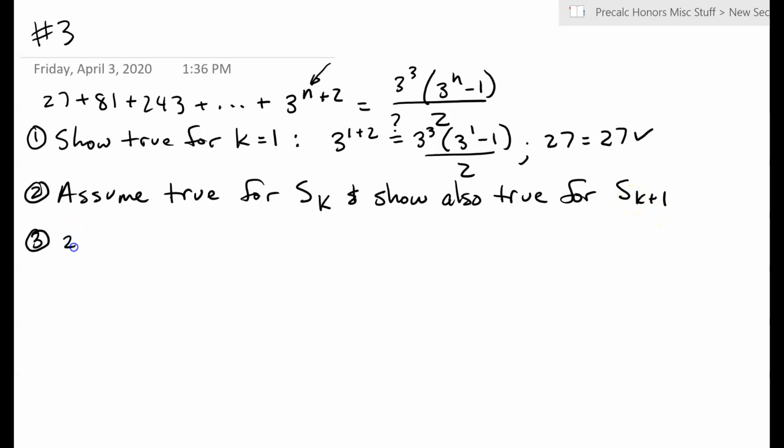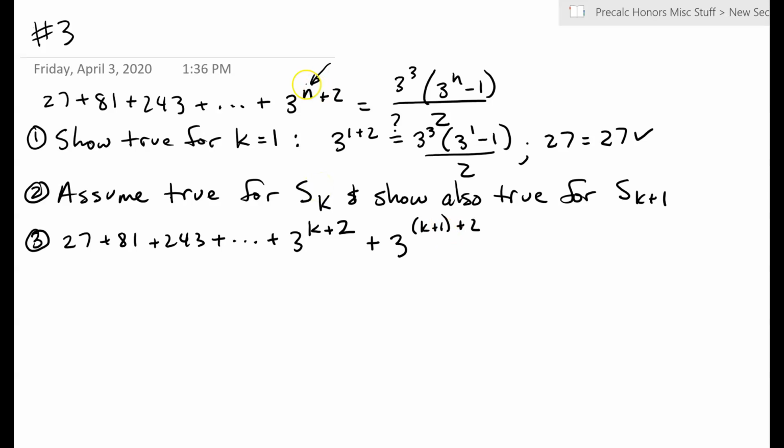So I've got 27 plus 81 plus 243 plus, up to 3 to the k plus 2. And then we're going to go one more to k plus 1. So 3 to the k plus 1 plus 2. So we plugged in for k, and we're assuming that that's true.